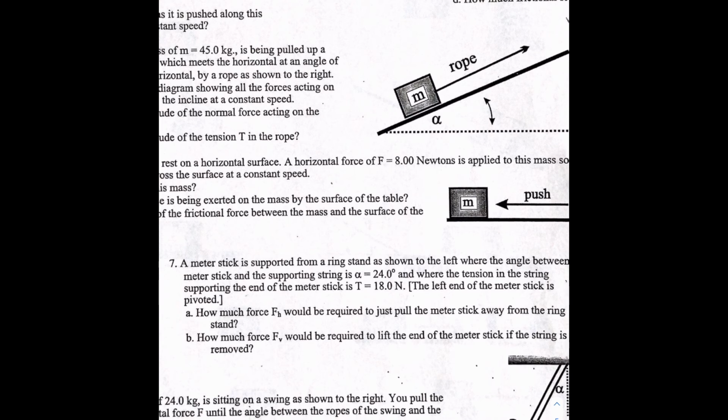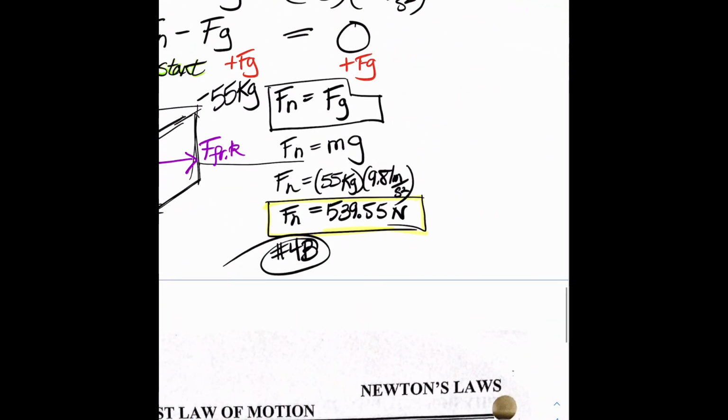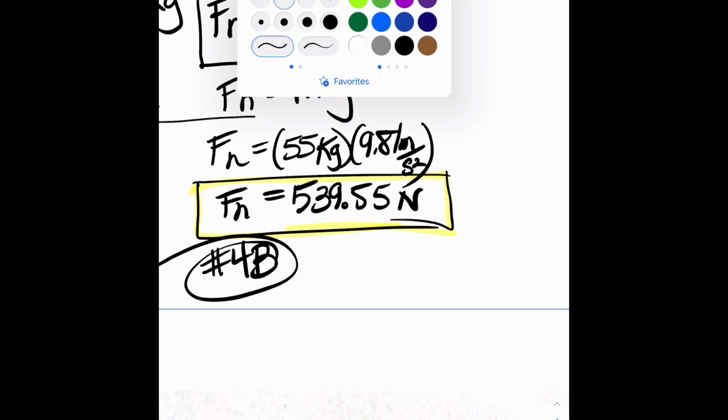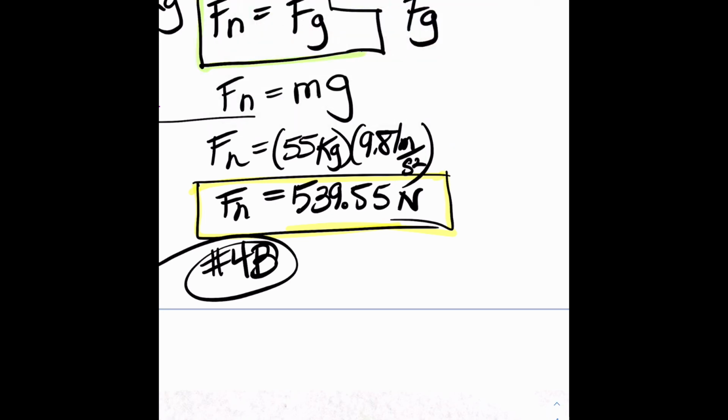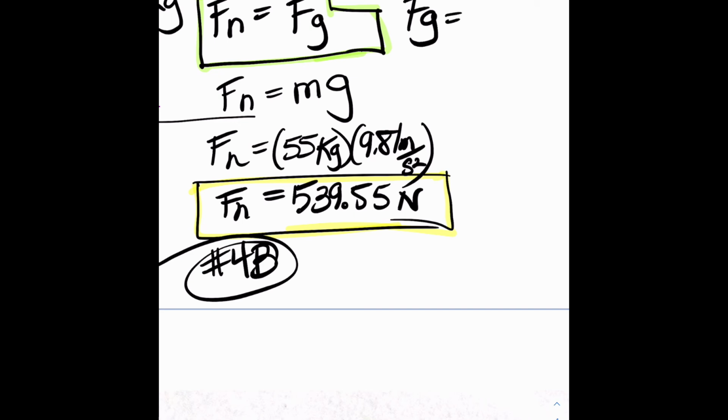So the answer to part C is very similar to what we wrote for part 4B, but it's just going to be that force gravity. Since normal equals gravity, then gravity has to equal 539.55 newtons.